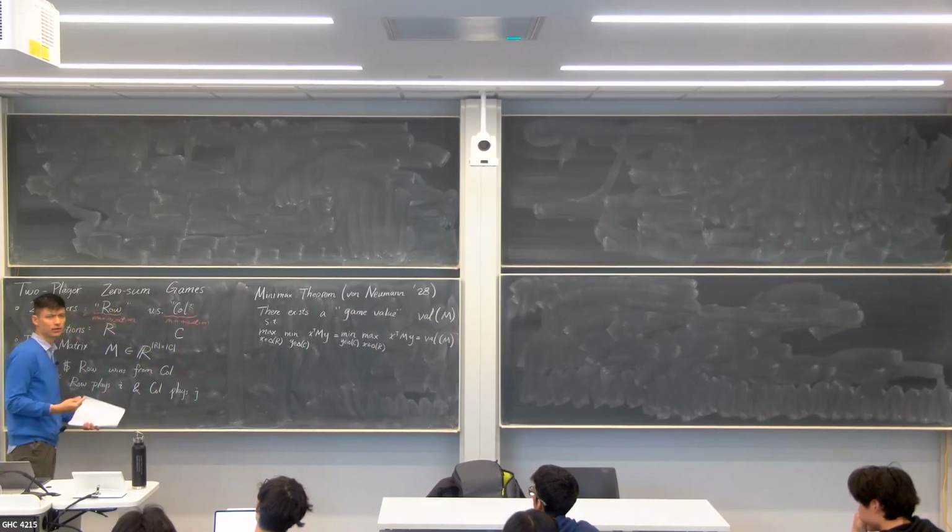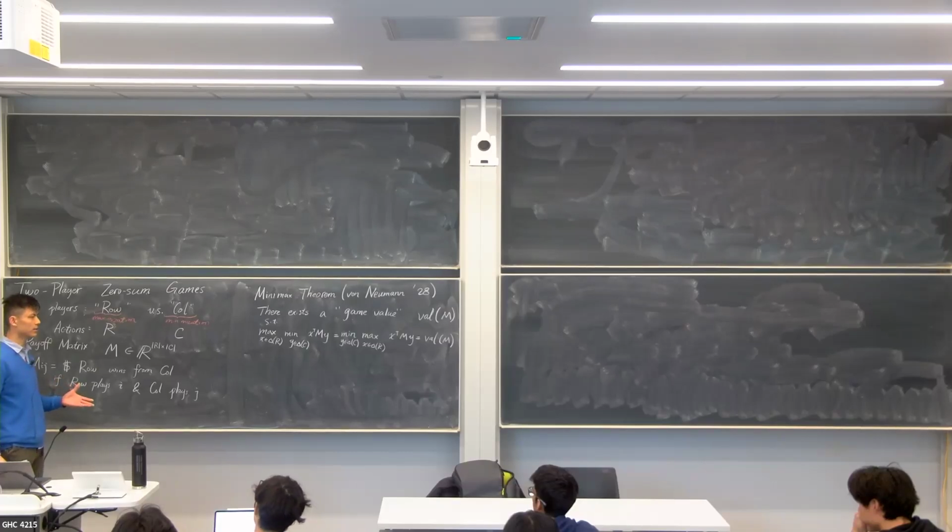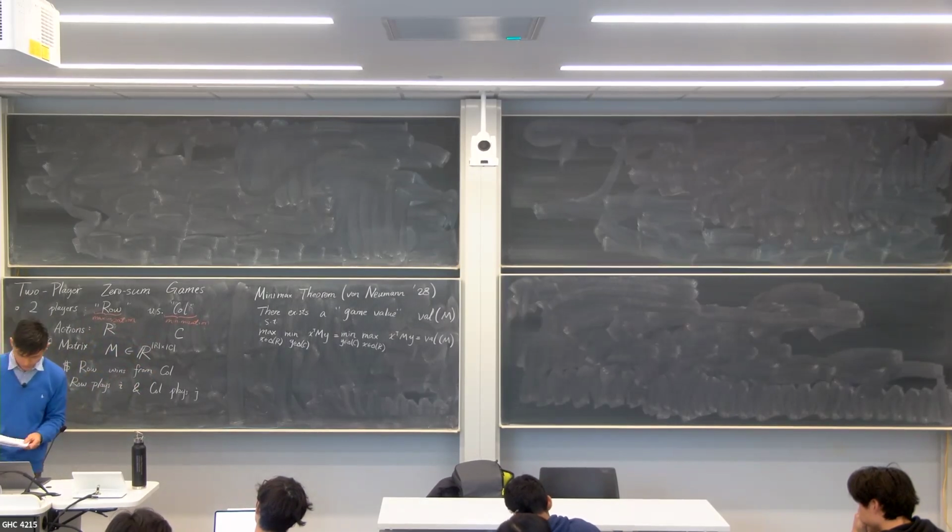The rows versus columns are somewhat arbitrary, but it's more useful to think of one of them as the player who would like to maximize the payoff function, and the other is just trying to minimize it. So one matrix is sufficient to describe the whole game because they have exact opposite interests.